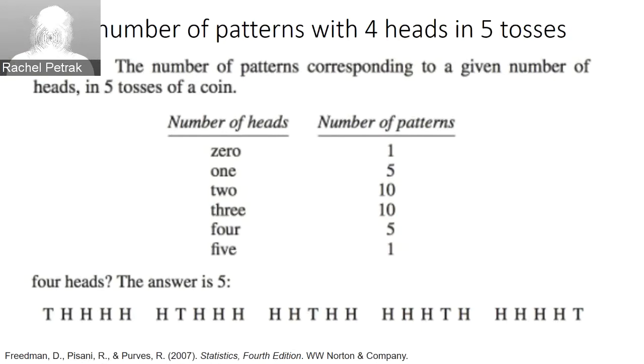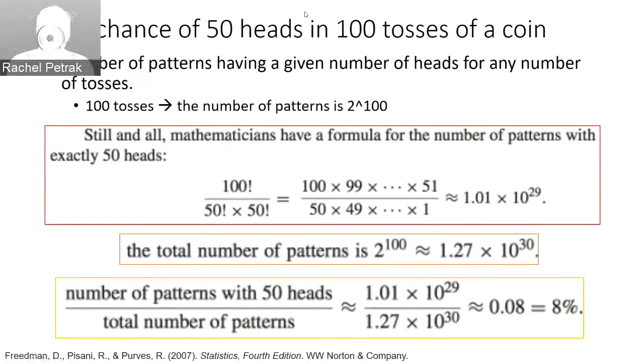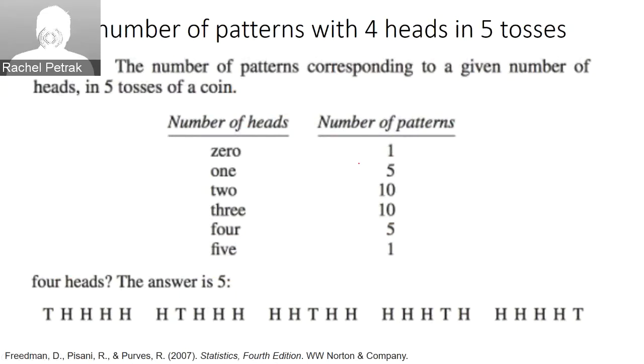So let's say, as we do here, that our given number of heads is 0. Then there's one way to get 0 heads. There's just the one pattern.